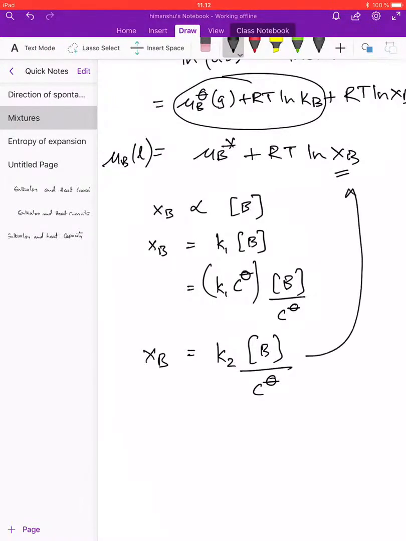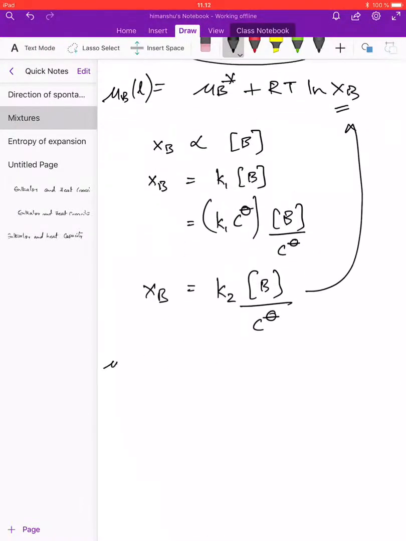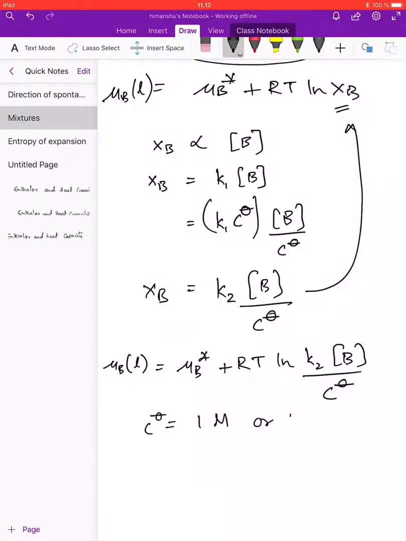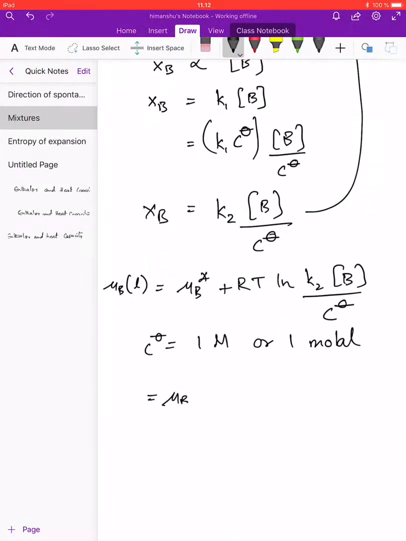This we can substitute into the previous equation, and now we get the chemical potential of B in the liquid phase is equal to the chemical potential of pure B plus RT logarithm of K2 multiplied by the concentration of B divided by a standard concentration. And the standard concentration, as it turns out, is equal to 1 molar or 1 molal, depending on what units you are using. So remember that the standard concentration is equal to 1.